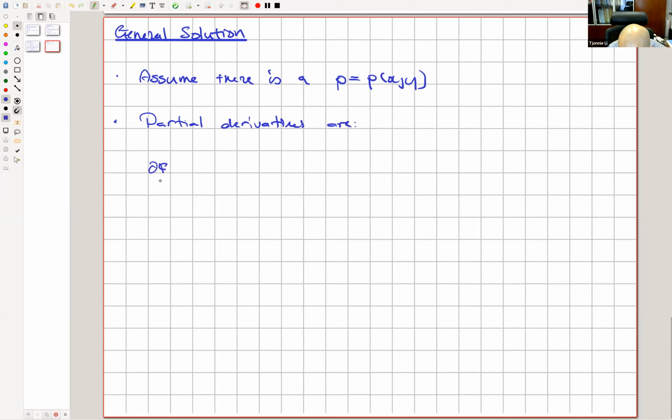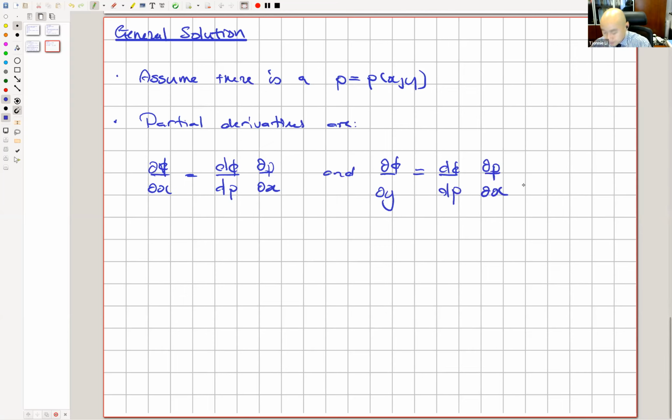Partial phi partial x equals, and then I can use the chain rule, d phi dp times partial p partial x. And similarly, I can write partial phi partial y equals d phi dp times partial p partial y. Okay.